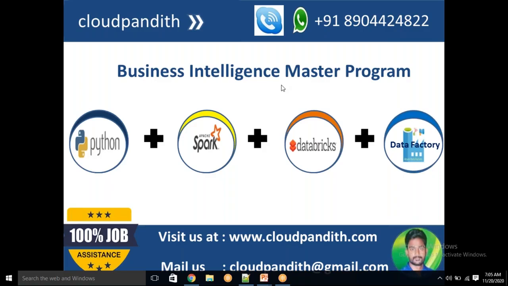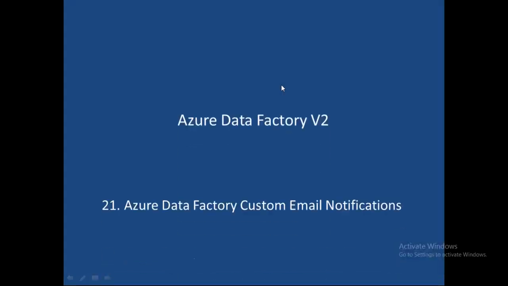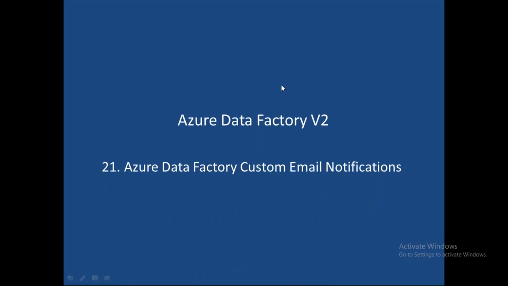Good morning, friends. In this Business Intelligence Master Program, this is our 21st session. In this session, we are going to see Azure Data Factory custom email notification. Our people are also asking, in case the pipeline fails, how you can send a custom notification.